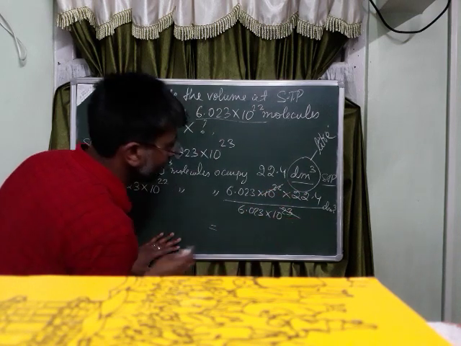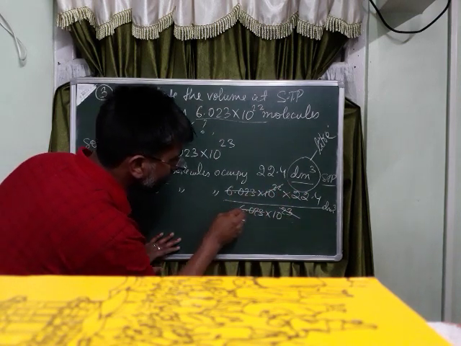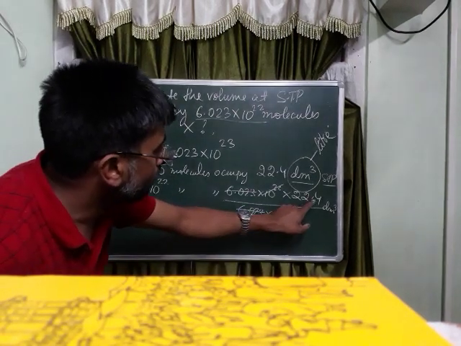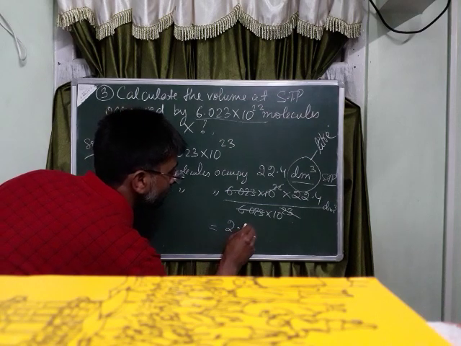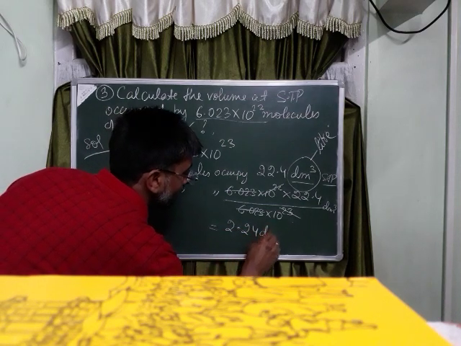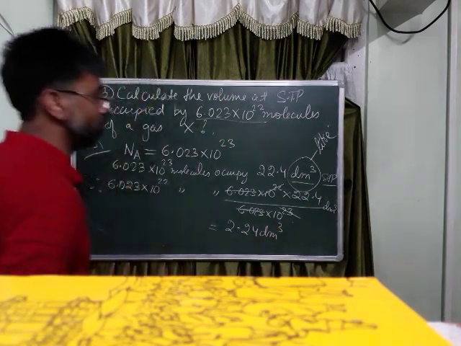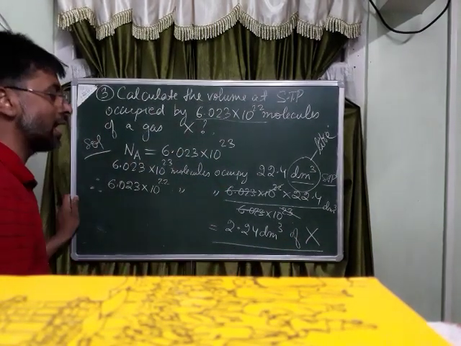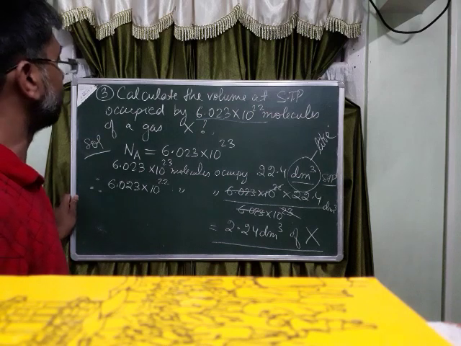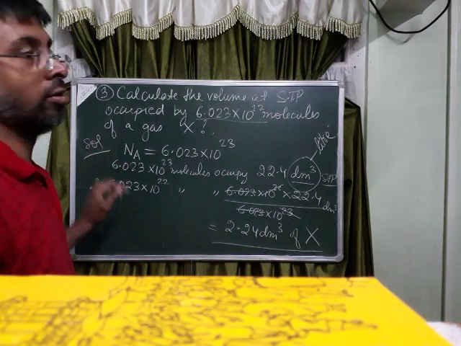This one will cancel this one. So we are left with 22.4 divided by 10. So our answer becomes 2.24 decimeter cube volume of X. The gas is unknown gas X. So this is how we solve the third problem.